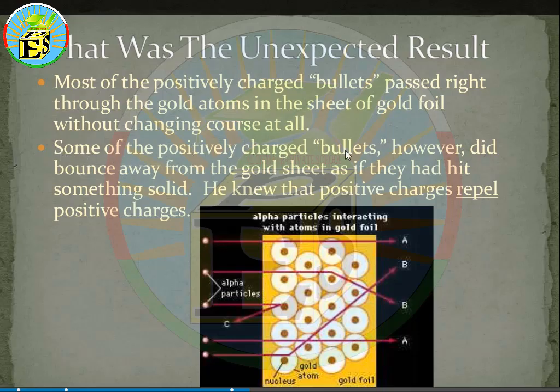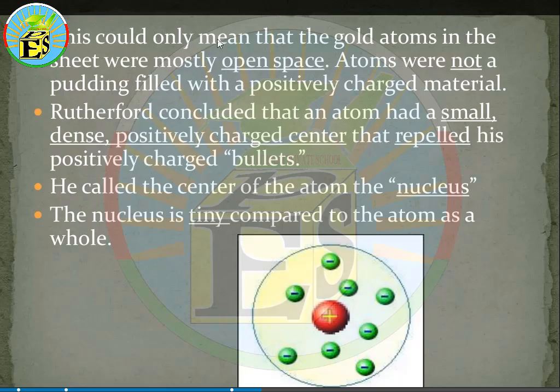Some of the positively charged particles, however, did bounce away from the gold sheet as if they had hit something solid. He knew that positive charges repel positive charges. This only means that the gold atoms in the sheet were mostly open space.